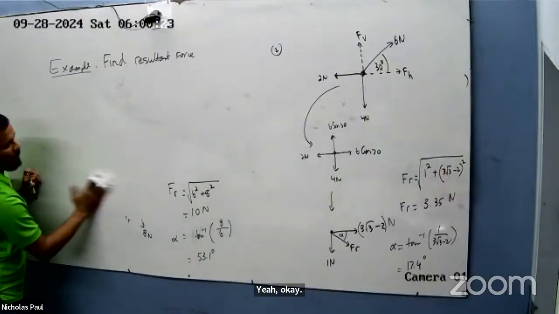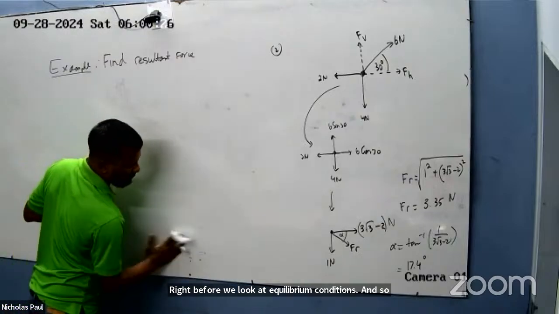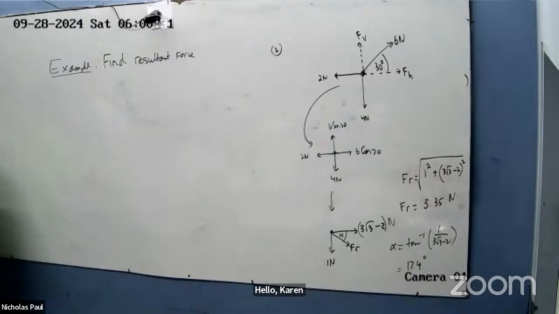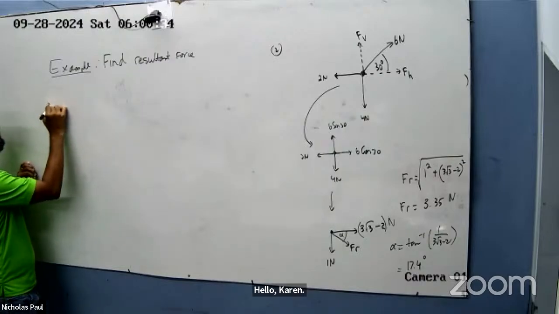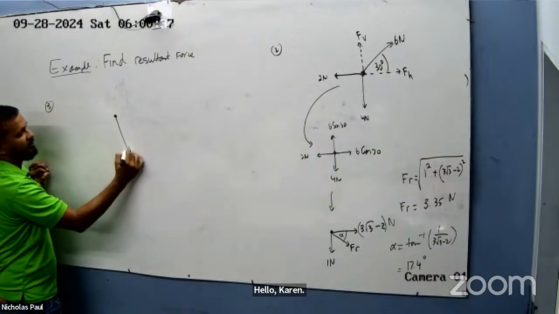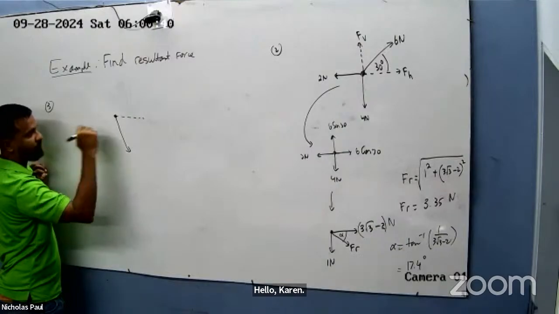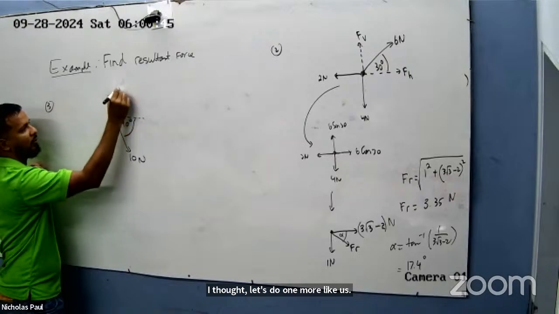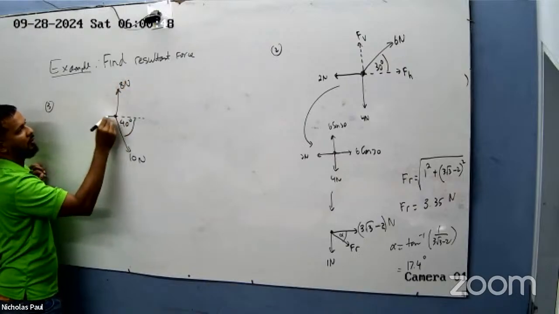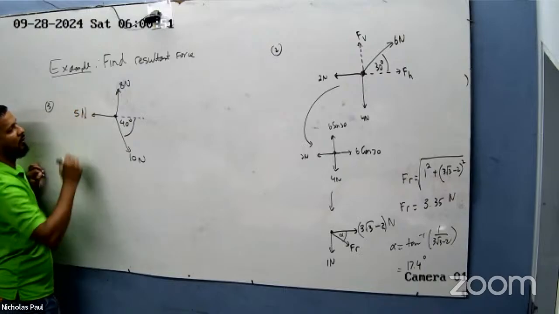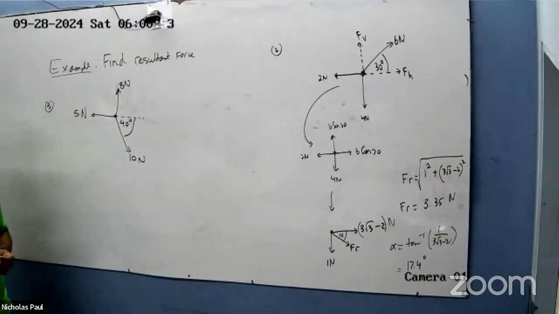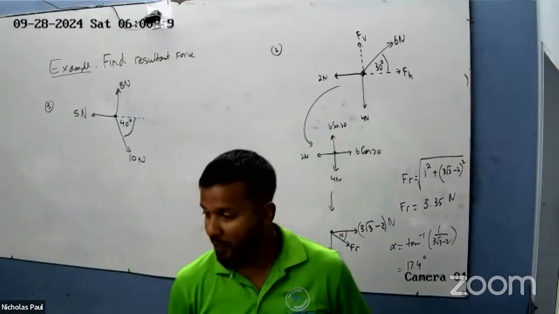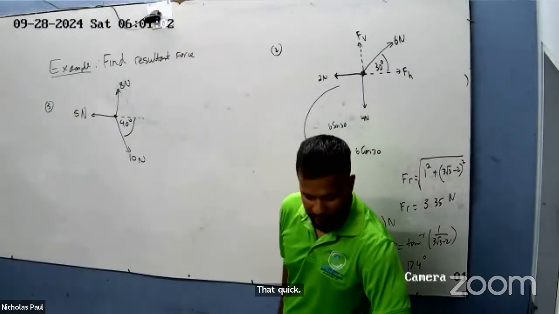Right, before we look at equilibrium conditions, let's do our next one. Are you okay with this? I gave it 2 forces. I gave it 2 forces on an angle now. In fact, let's do one more like this. And that quick. And I'll give you one with just 2 and that's it.